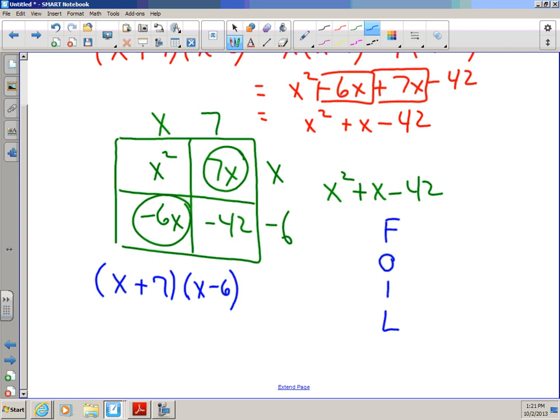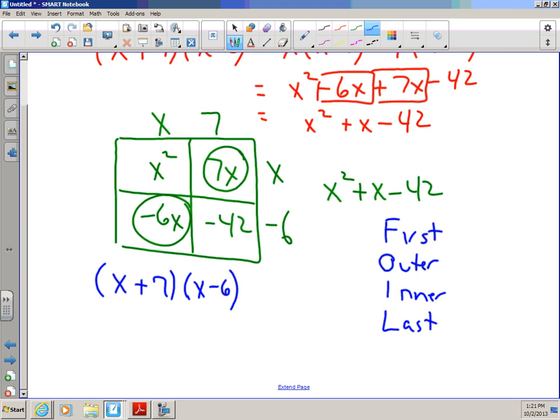And each letter is meant to stop the student from multiplying the same 2 parts or same 2 terms twice. So F stands for first, O is outer, I is inner, and L is last.